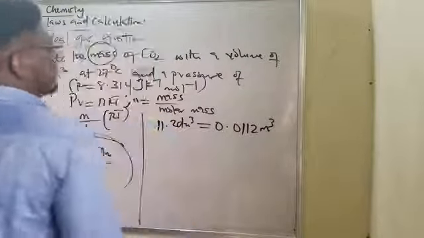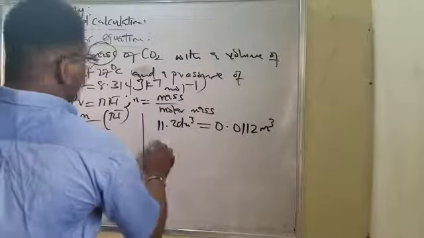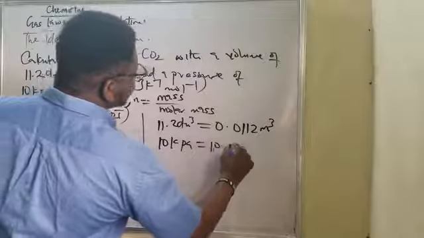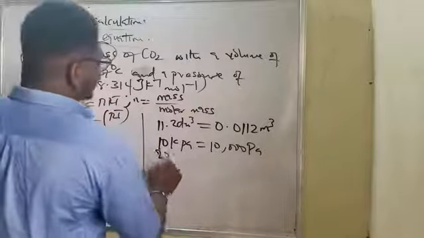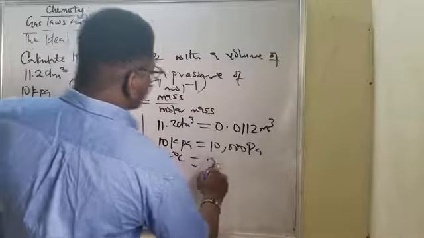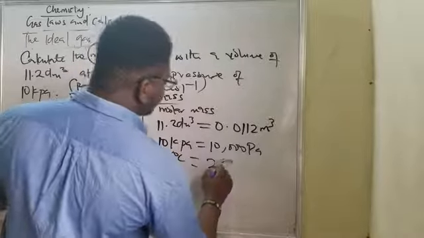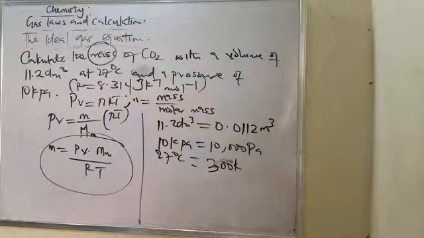Yes, meter cube. Then my pressure 10 kilopascal is equals to 10,000 pascal. Then my temperature 27 degrees Celsius is equals to 273 plus 27. That should be 300 Kelvin. I think we are good to go.